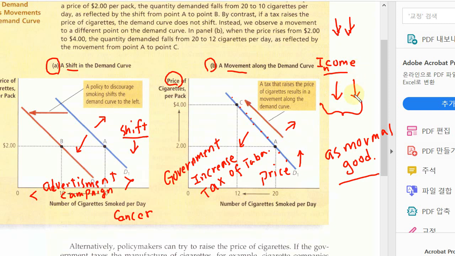When income decreases, demand decreases. In this case, these goods are influenced by the factors. So in this case, we call this kind of product normal goods, normal product.